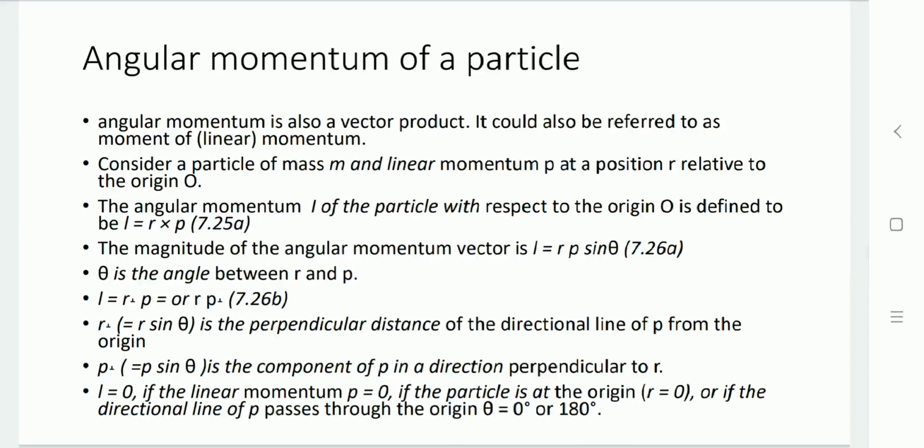L equals 0 if linear momentum p is 0, if the particle is at the origin so r is 0, or if the directional line of p passes through the origin, that is theta is 0 or 180 degrees.